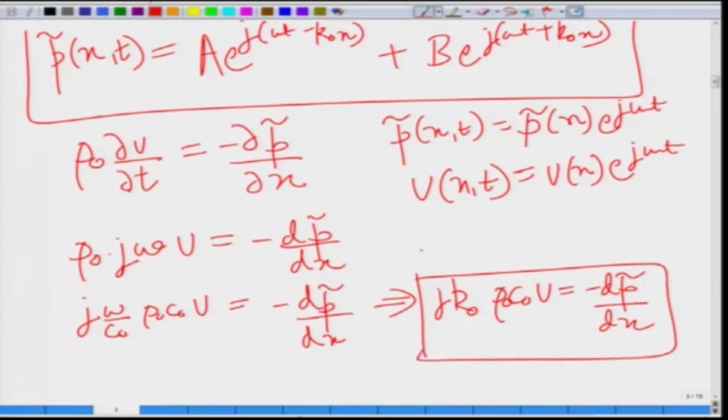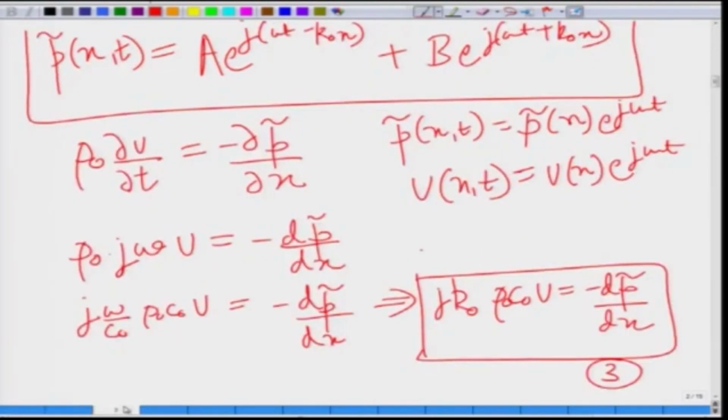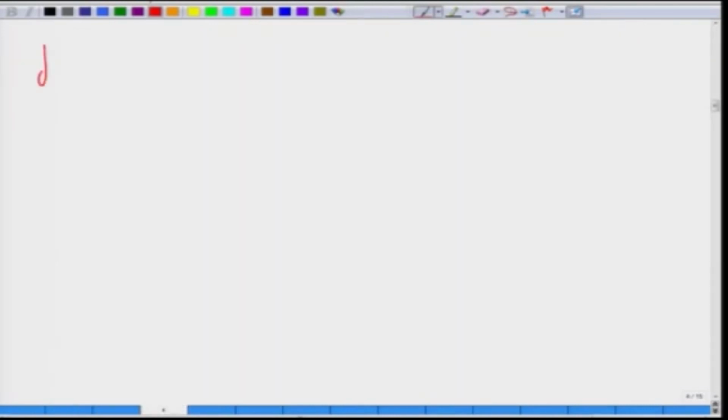So, let me call this equation number 3. Now we can plug the solution that we saw in equation 2, or probably this one on the right hand side, into equation 3 to get what? We will get rho naught C naught u is equal to minus a into j omega t minus k naught x.